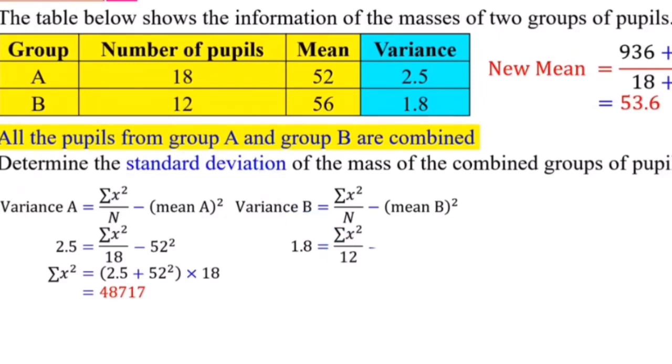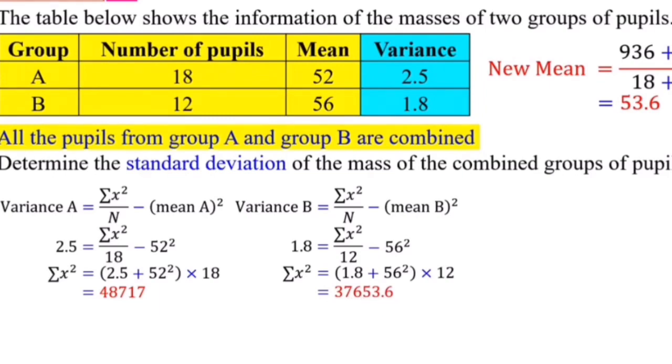So summation of data square for group B is (1.8 plus 56 square) times the 12. Make sure you put bracket. So you will get answer 37653.6. So now we need to find a new variance before we find a new standard deviation.